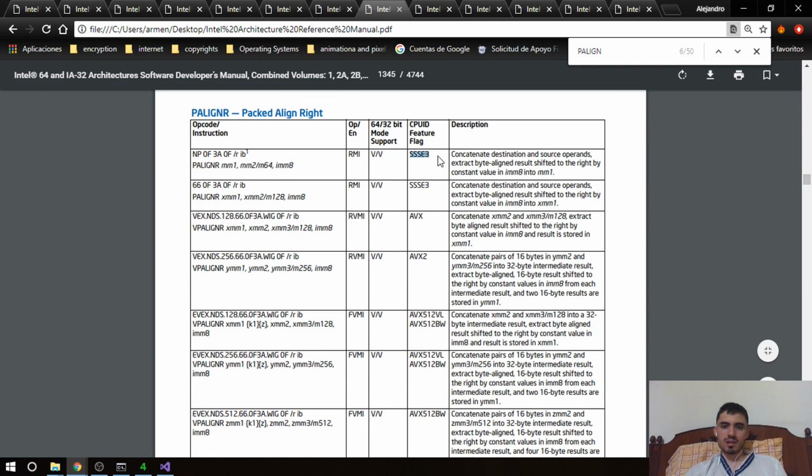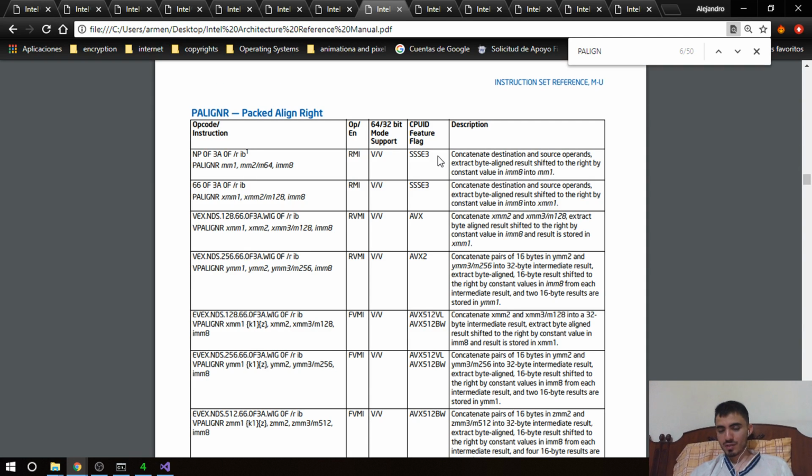In CPUID, it's not like you're always going to have that thing, because it's an extension, not dependent on 64 or 32. It works for both because you can work with them in compatibility mode. The only problem is that you have to have the feature flag. That's mostly how SIMD instructions work, and AVX and stuff.